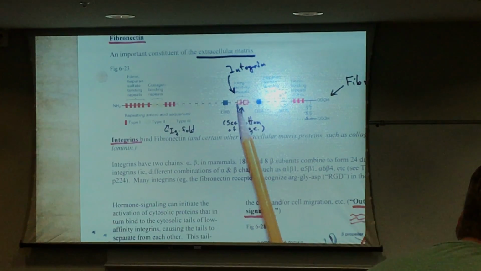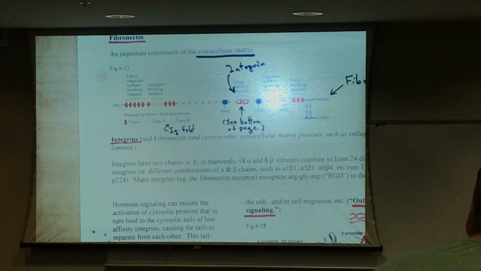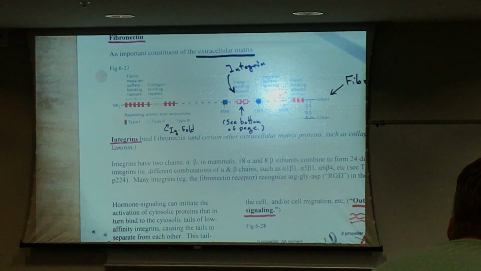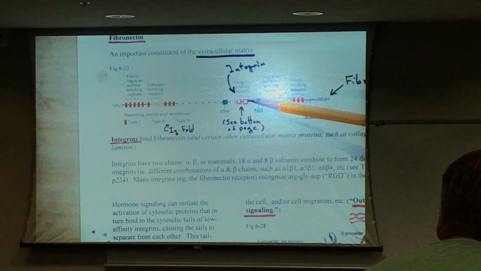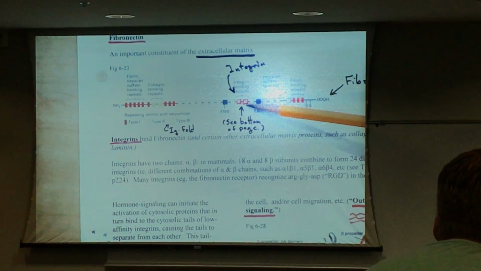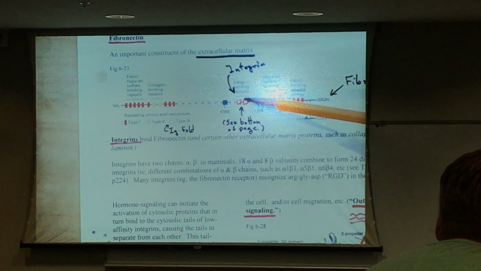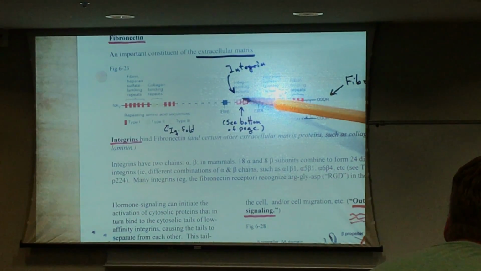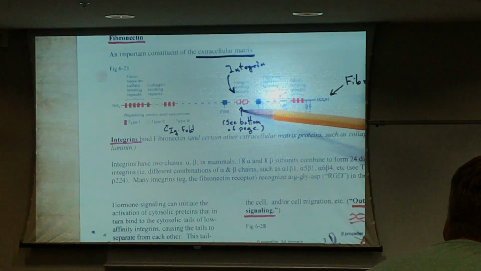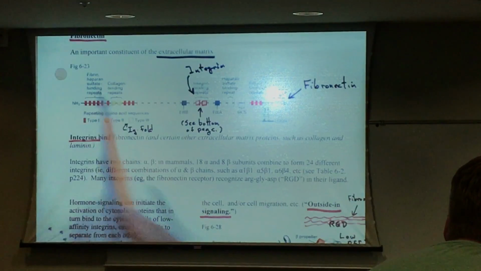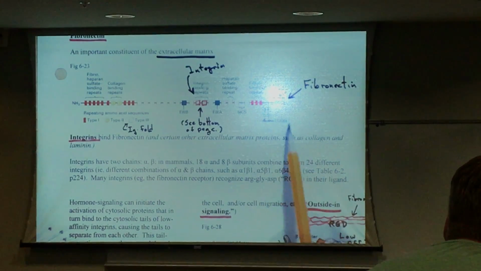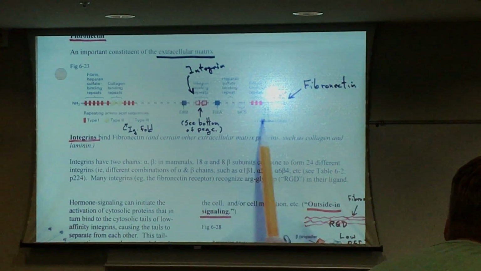These are two repeated sequences here, which this adhesion molecule integrin recognizes and binds to. So in these repeat sequences here, one of them has this so-called 3 amino acid RGD sequence that integrin binds to. And the actual protein itself is a homodimer, okay? This disulfide bonded to another exactly identical polypeptide chain.